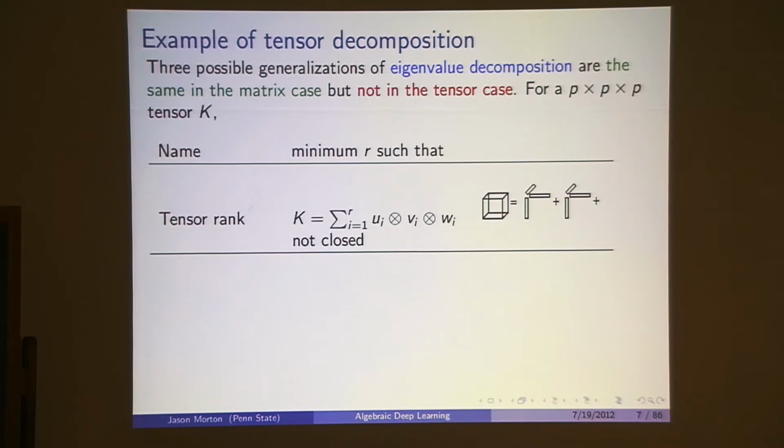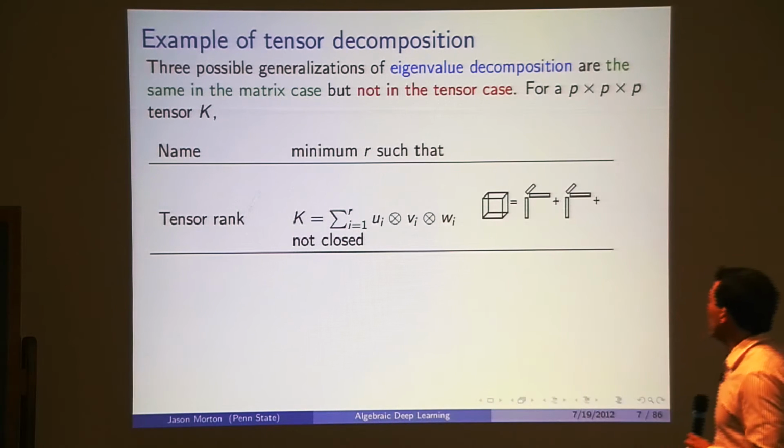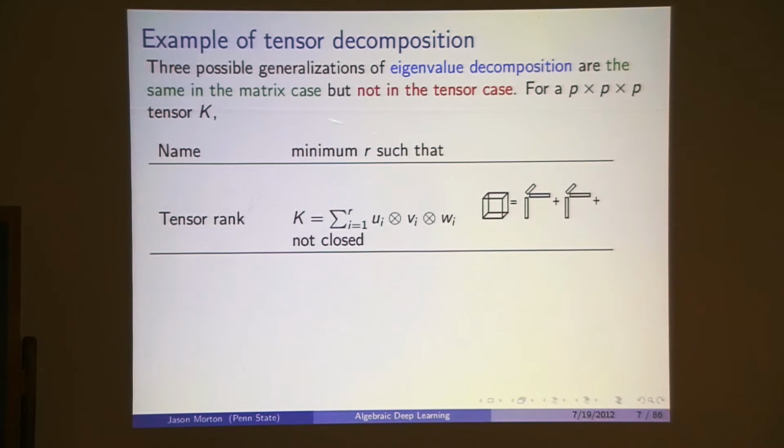So that's tensors. So here's an example of how things can go wrong. The eigenvalue decomposition of matrices. So if I have, say, a symmetric matrix, there are 3 possible generalizations, which are the same in the matrix case, but they're different in the tensor case. If I have a p by p by p tensor, there's something called the tensor rank, or the outer product decomposition, which is that I write this tensor as a sum of rank 1 tensors.